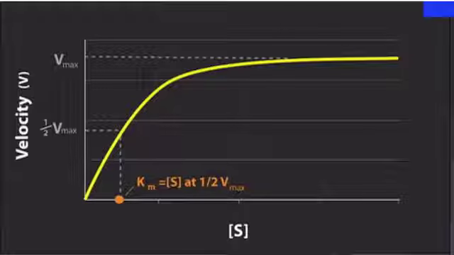So again, just like we saw on our Michaelis-Menten graph, on that far right-hand side, the velocity of the reaction is maximized at all times. It's independent of the concentration of substrate. The velocity is going to be Vmax no matter what the concentration of the substrate is. So for the moment, that's all the math and formulas we have to deal with. We'll come back to some more math in a few moments.